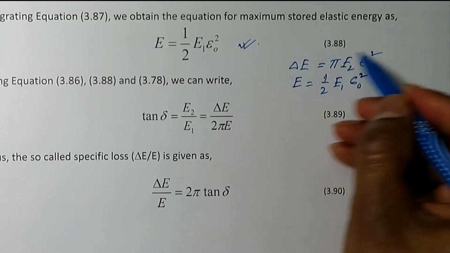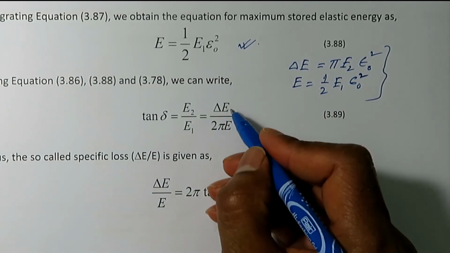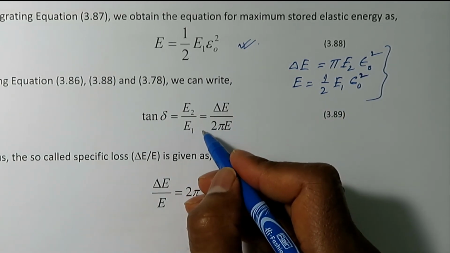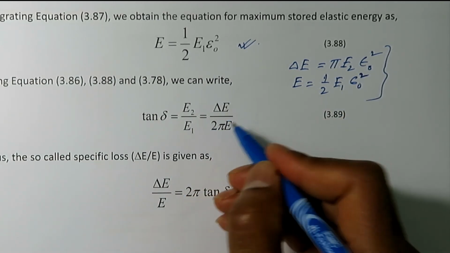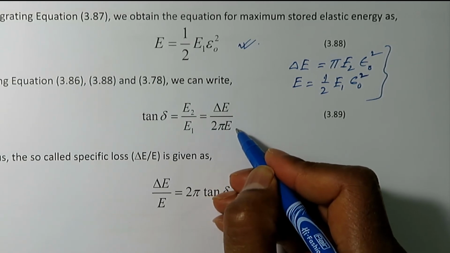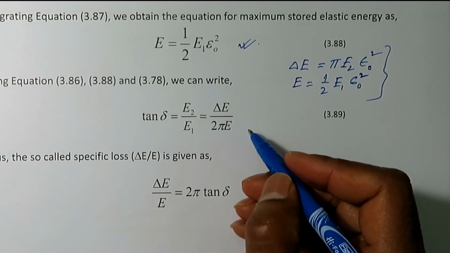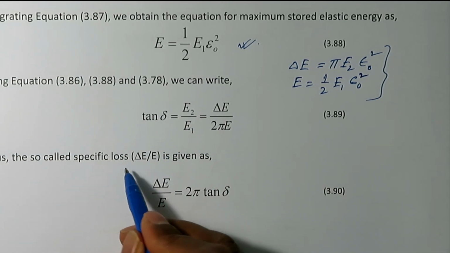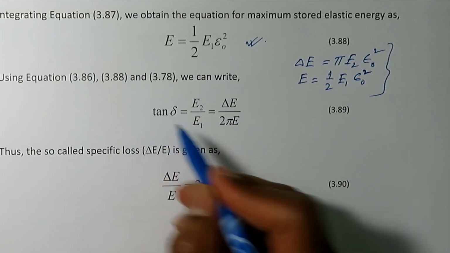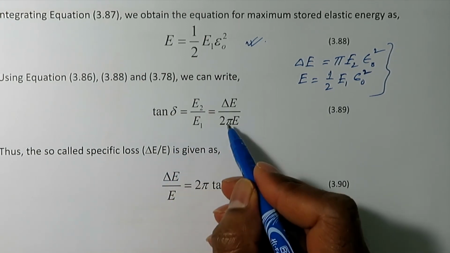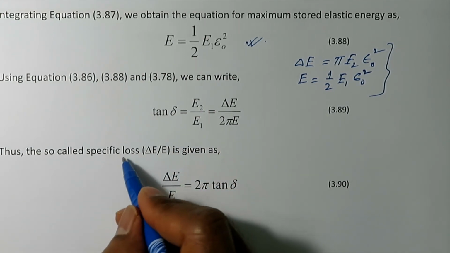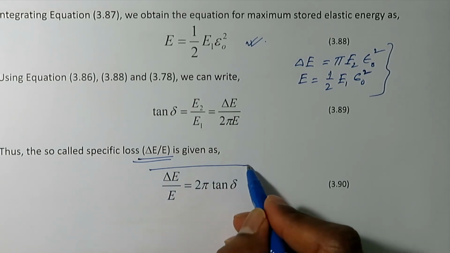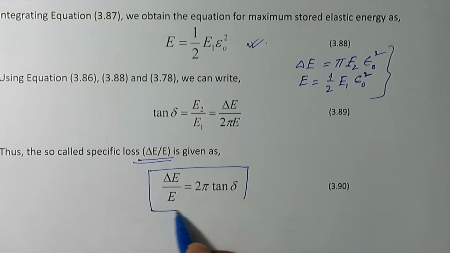If we use these two equations, we can find out that E2 over E1 is actually delta E over 2 pi E. This ratio is known as specific loss, which is also equal to tan delta. So the specific loss delta E over E is given by 2 pi tan delta.